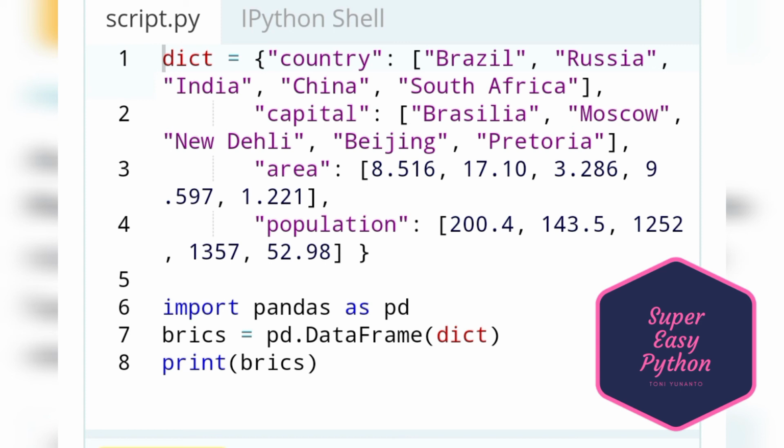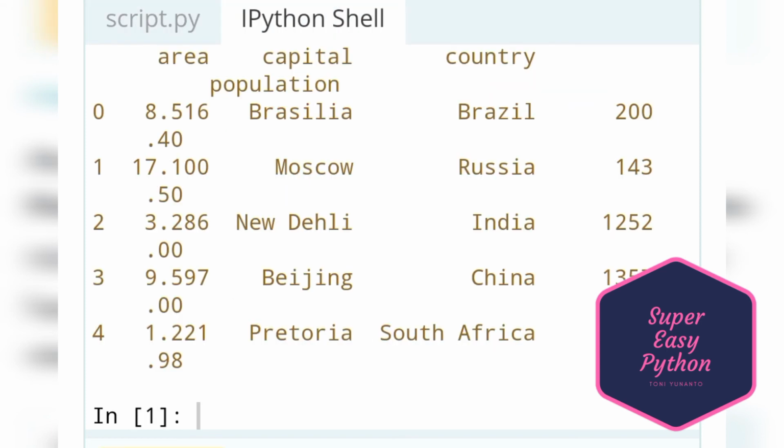And then in here I use import pandas as pd, brics = pd.DataFrame, and then I call out the dictionary and then print brics, and then we try to run it, and then the result will be, yes. So the result will be like columns containing the data among the area, the capital, country, and population.